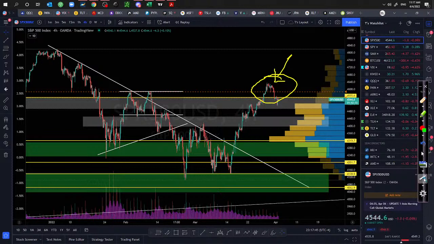Now, I don't think it was an intentional fake breakout, or an intentional reasoning for market makers to push that. However, we do know the key gamma level for this week was 4,600. We broke that level, and then we started to consolidate above. But right after that, people started taking profits.